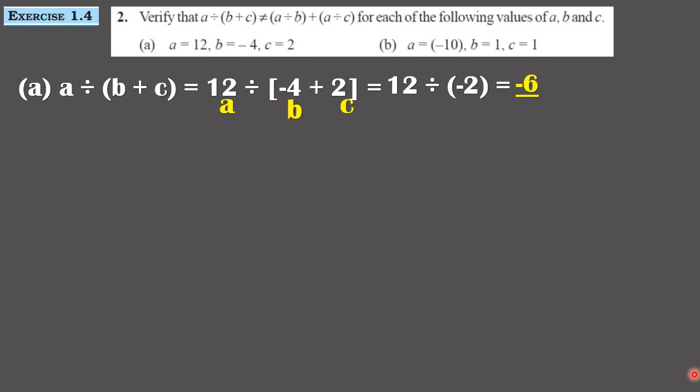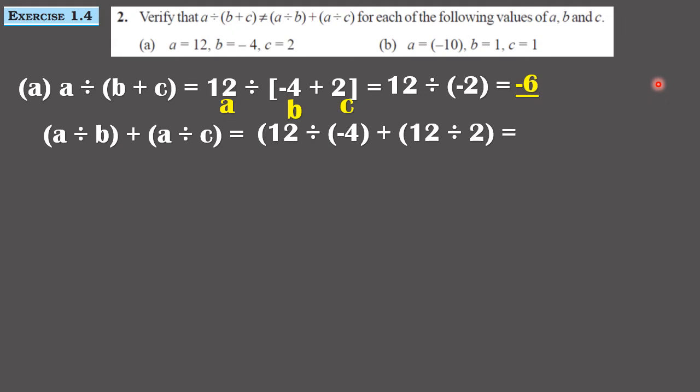Now let us see the RHS, that is A divided by B plus A divided by C. A means 12. So 12 divided by minus 4 plus 12 divided by 2. And 12 divided by minus 4 is minus 3 and 12 divided by 2 is equal to 6.